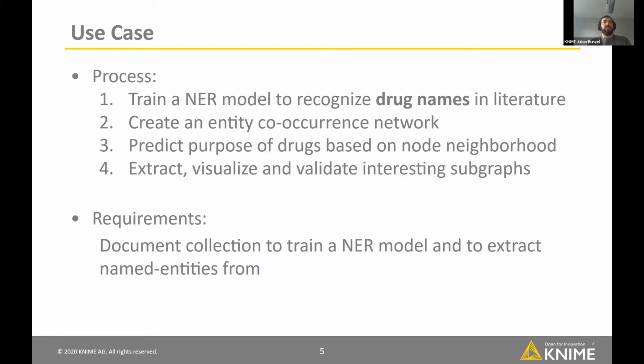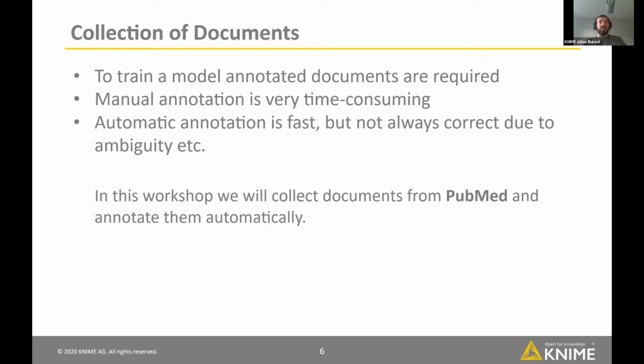There aren't basically many requirements, but having a decent document collection is very important to successfully train an NER model. So one part of this use case is to create a known document collection that can be used to train the model and to extract named entities from. As said, documents are required to train a model, but not only plain documents, but annotated documents.